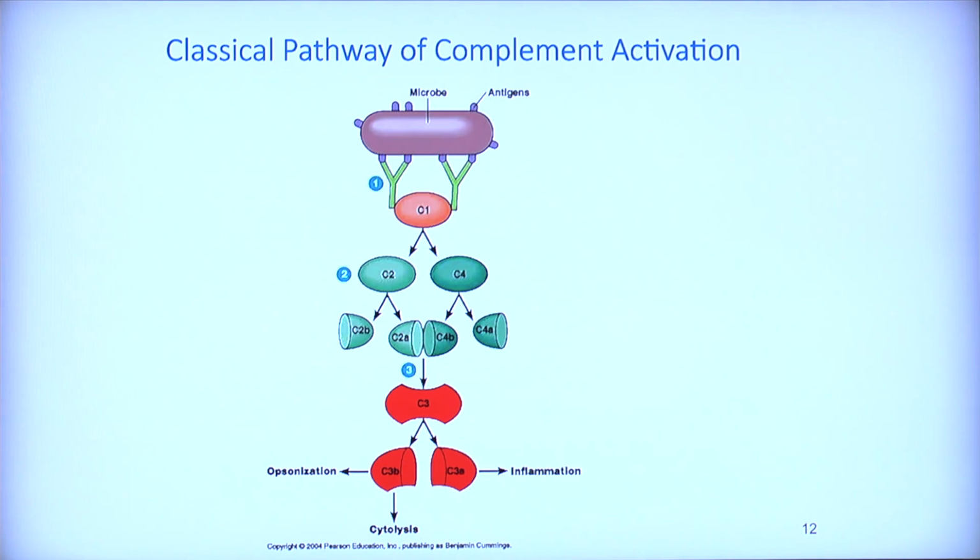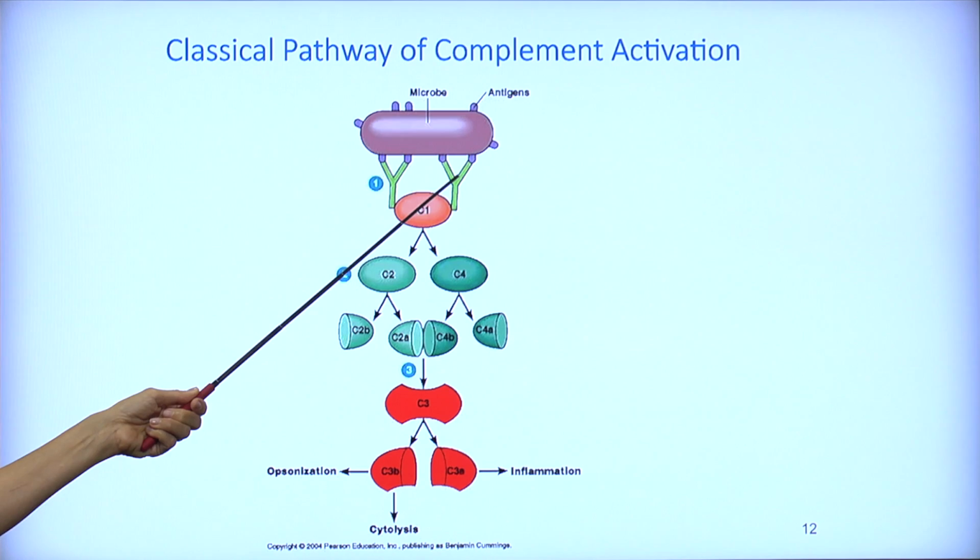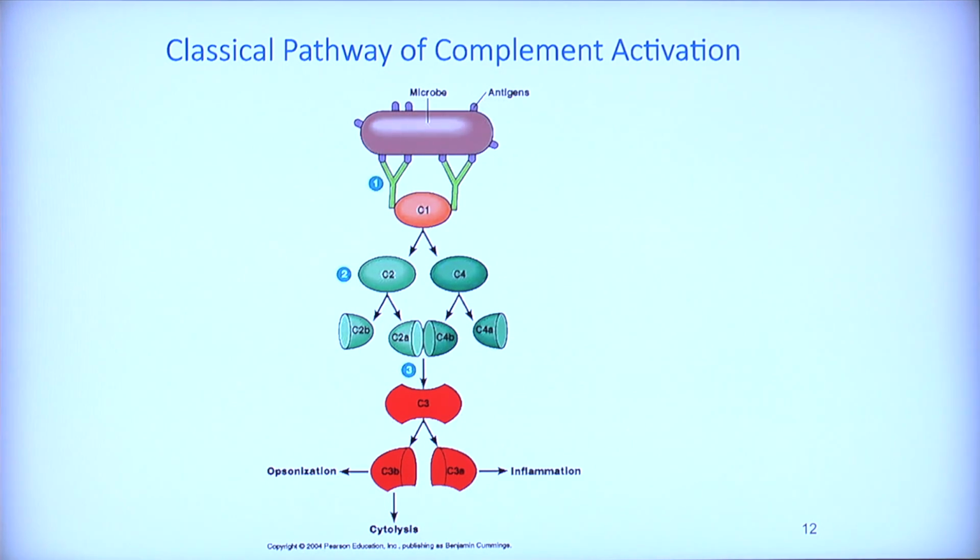We don't need to know the specifics right now of the different activation processes, but eventually at the end of this cascade, at the end of this activation of complement, complement will be able to perform three functions. Number one, opsonization. Number two, inflammation. Number three, cytolysis. We're going to look at these in a minute. So in the classical pathway, complement has to see an antigen-antibody complex.